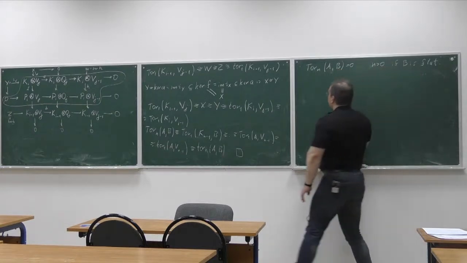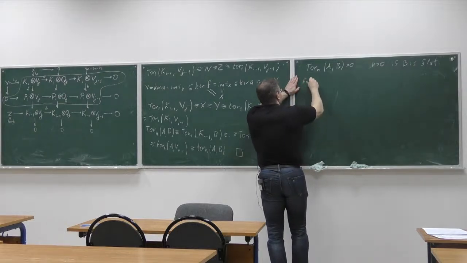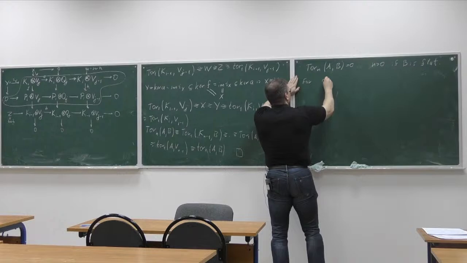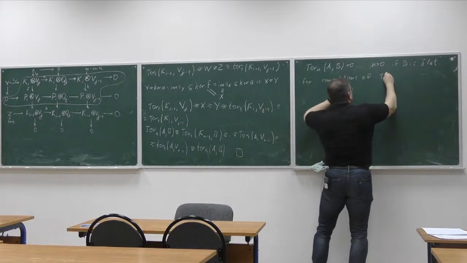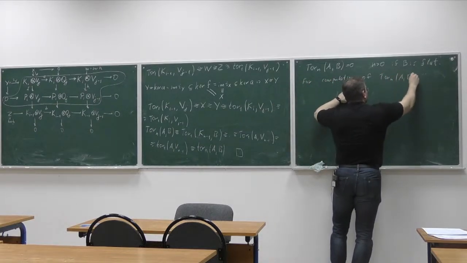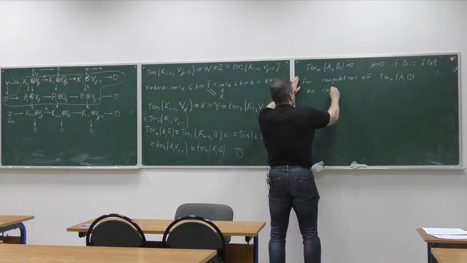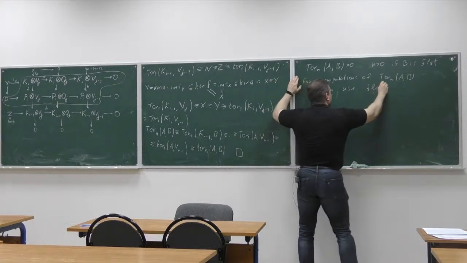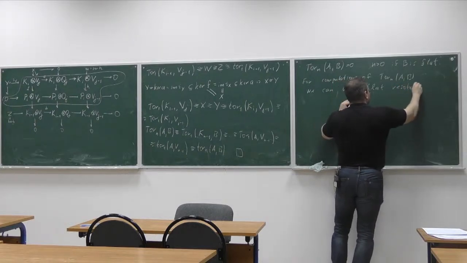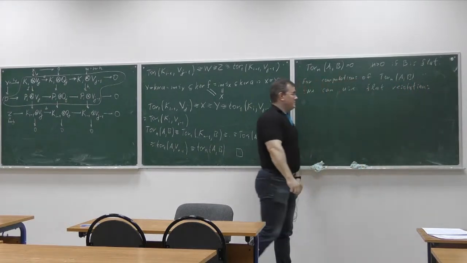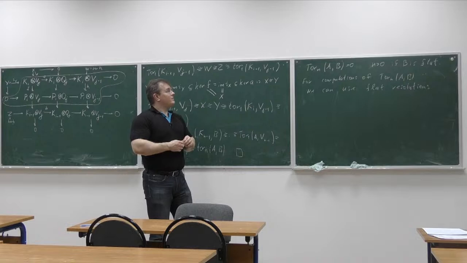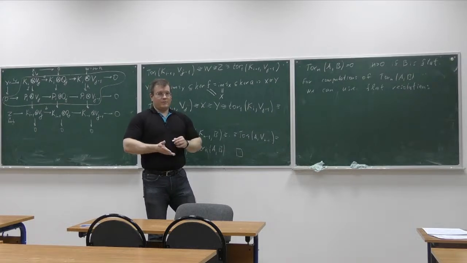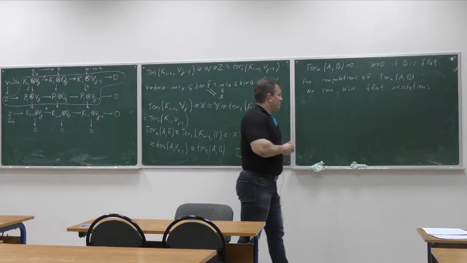So in particular, we can see that for computations of Tor n between A and B, we can use flat resolutions. Well, this immediately follows from this observation on the flat modules, the derived functors are 0, and the proposition that we proved at the end of the previous section, that we can use acyclic objects to construct resolutions.